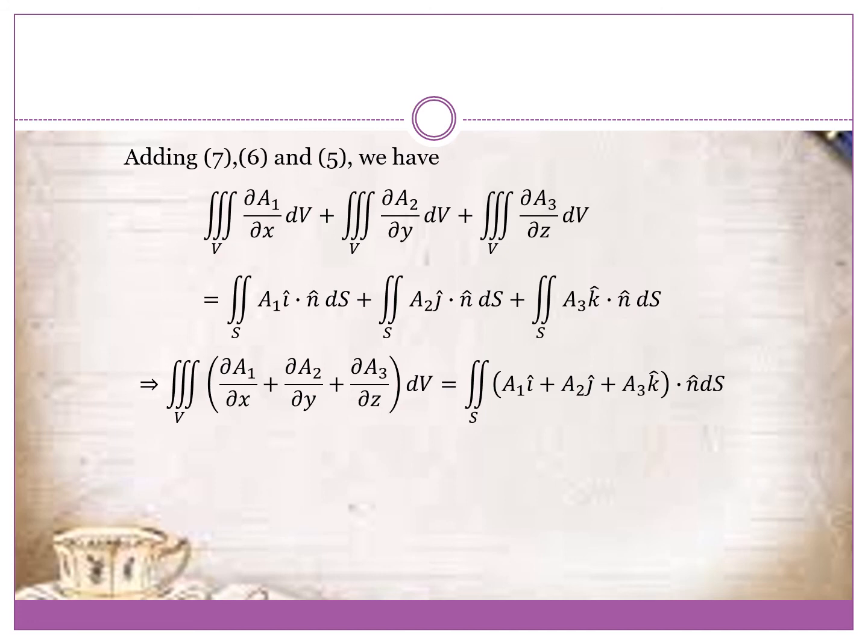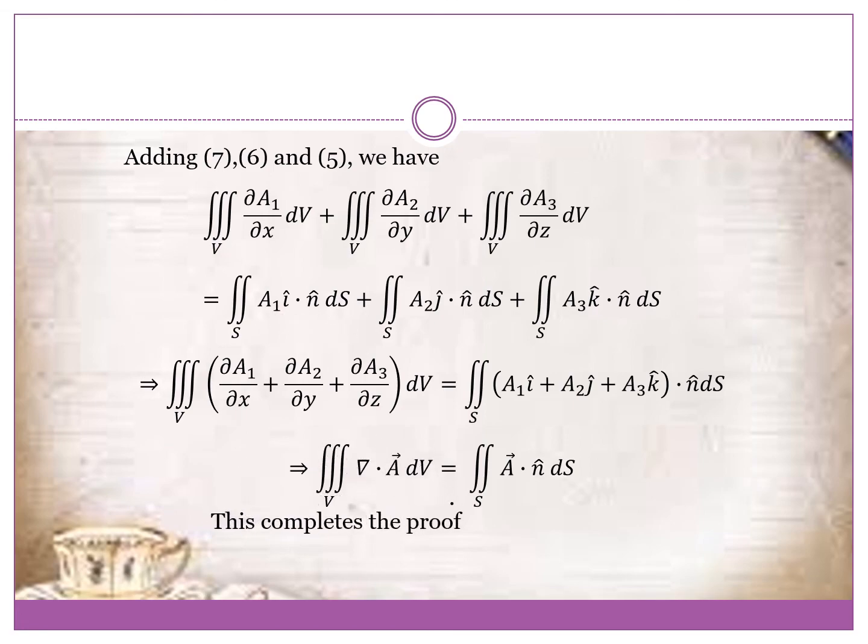Now, what is this term? This term is the divergence of the vector field A. This implies the volume integral of the divergence of the vector field A is equal to the surface integral of the outward flux of the vector field A. This completes the proof of our theorem.